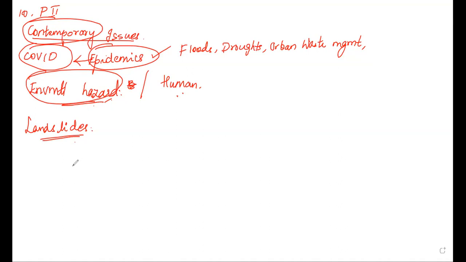A rapid movement of rocks, the soil structure, the corresponding vegetation which is present in that area, downward movement of all of this under the influence of gravity is what we call landslides.